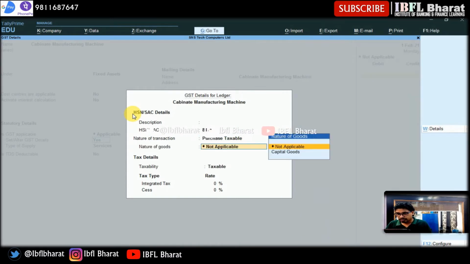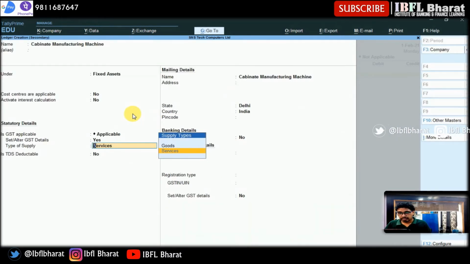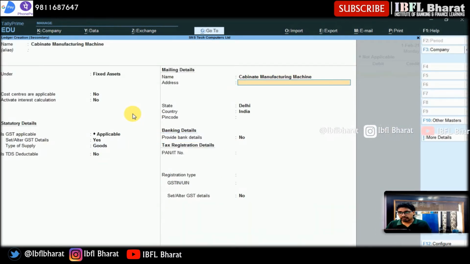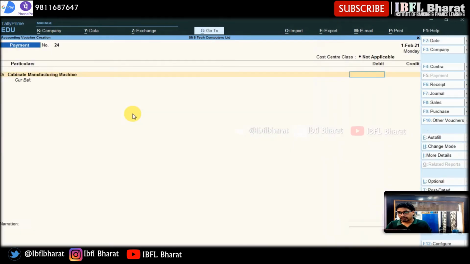When we are taking purchase taxable, it asks what is the nature of goods, is it capital goods or not. We are taking it as a capital good, and the percentage of GST is 18%. It is a good, and we are accepting it as it is.